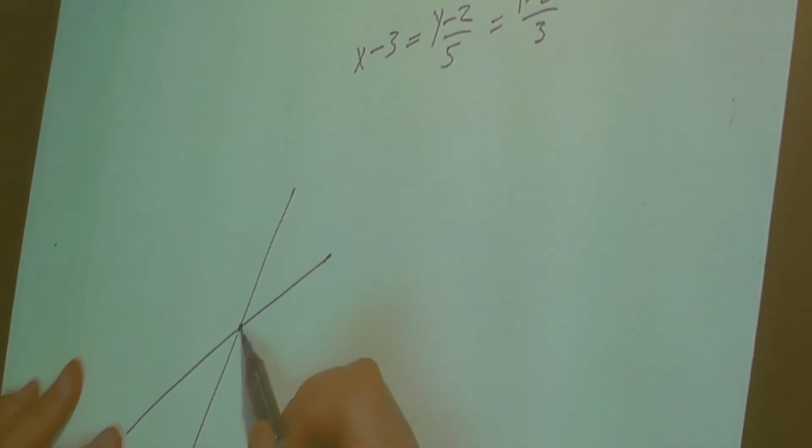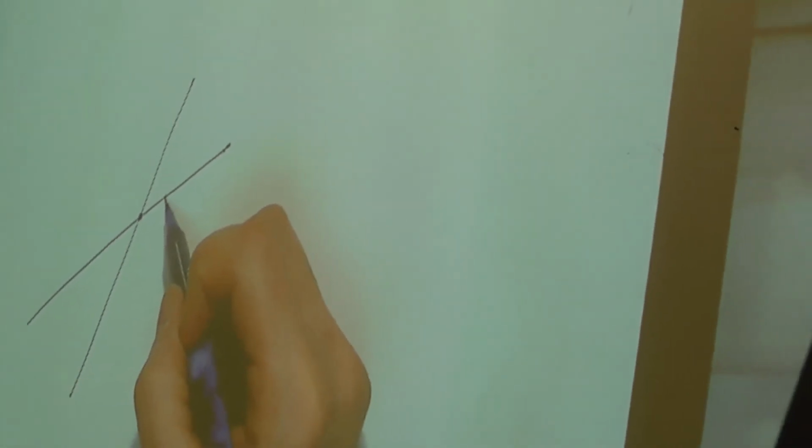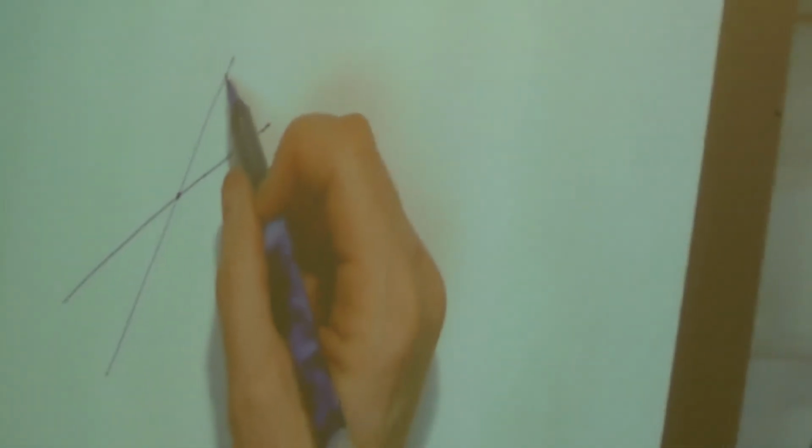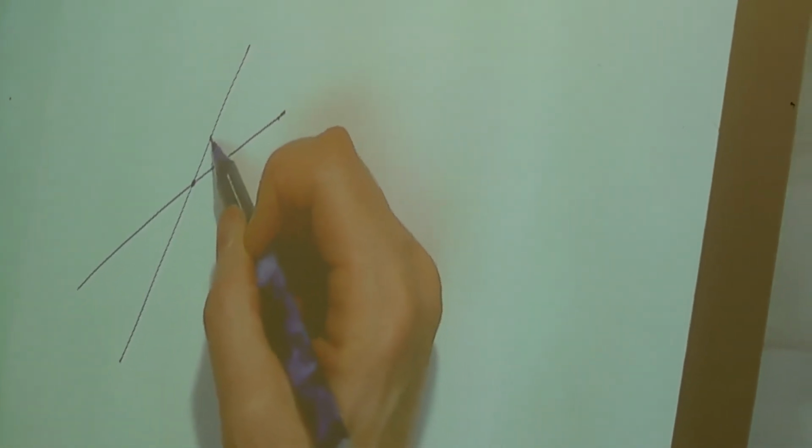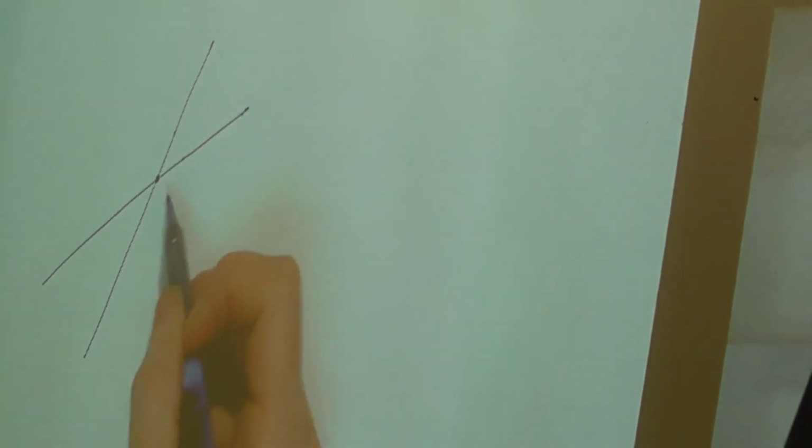And so when I have different parameterizations, at issue is if I'm traveling along this road according to this set of equations, and if I'm traveling along this road, will my two vehicles crash?